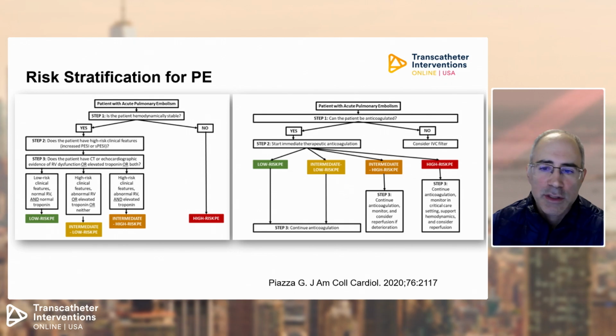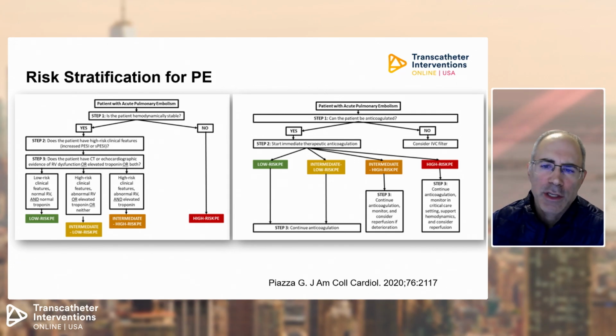Frequently in Europe, these are patients that will go home on anticoagulation. For patients that have high-risk clinical features, maybe an abnormal RV or an elevated troponin, but not both, those are intermediate-low risk, again a population that does traditionally very well with anticoagulation.